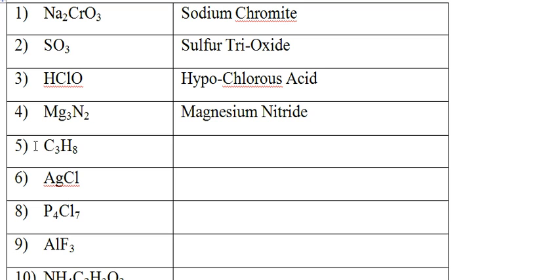Alright, number 5. We have 3 carbons and 8 hydrogens. This is not tricarbon octahydroxide. This is an organic compound that I had you memorize, or you should be memorizing. The generic formula for this is that I have 3 carbons, and then twice as many hydrogens plus 2.